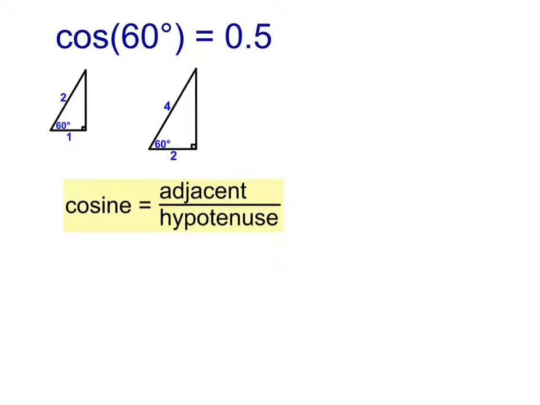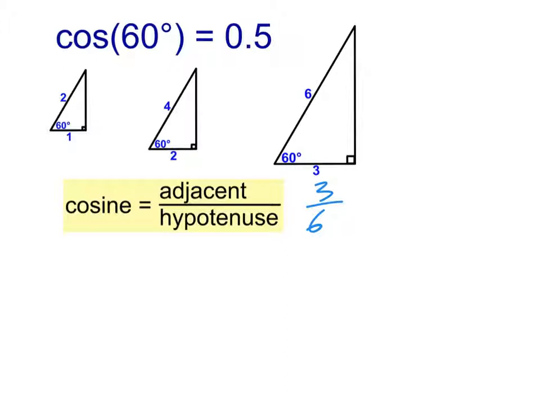But of course, that was just one example with that triangle. What if I stretch that triangle out? This angle is still the exact same angle. It is still 60 degrees. Notice our sides doubled. If I take the adjacent, notice my adjacent here is 2. My hypotenuse here is 4. What is 2 divided by 4? 1/2. What if I enlarge that triangle even more? Adjacent over hypotenuse. 3 over 6.